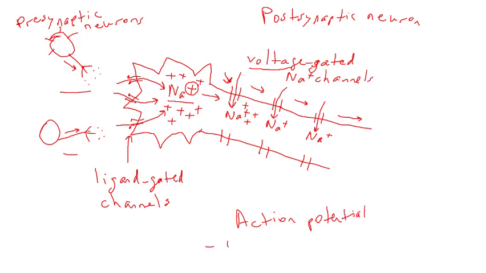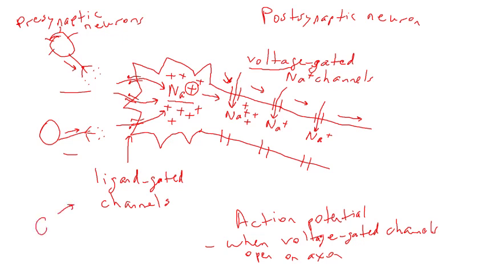So I'm going to write down here, this is when voltage gated channels open on the axon. Okay, when the ligand gated channels open, this is called graded potentials.